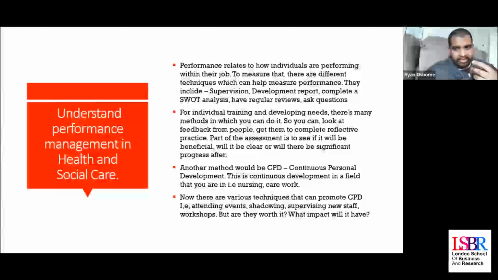So within your role, you can be working, but if a manager comes to ask you questions, for example, you're working on a case and you want to report an allegation of abuse to your supervisor.